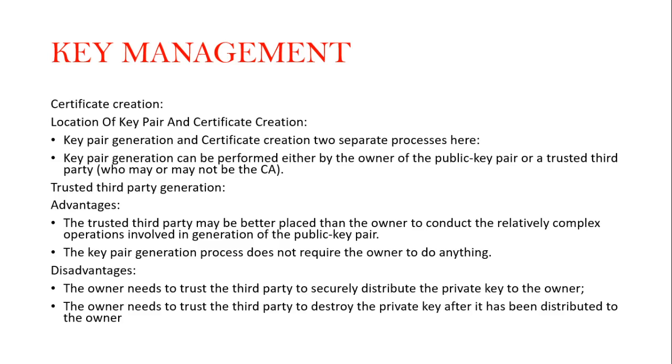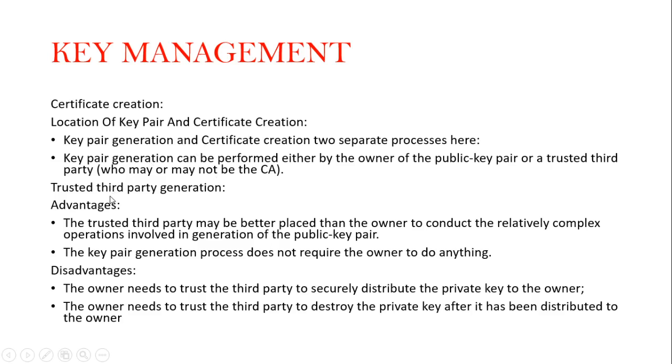Key pair generation and certificate creation are two separate processes here. Key pair generation can be performed either by the owner of the public key pair or a trusted third party who may or may not be the certification authority. So that is the location of key pair and certificate creation.